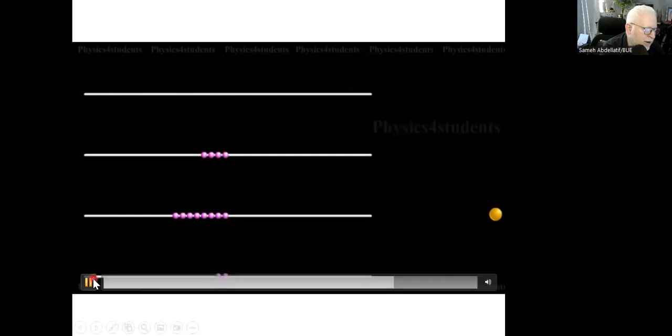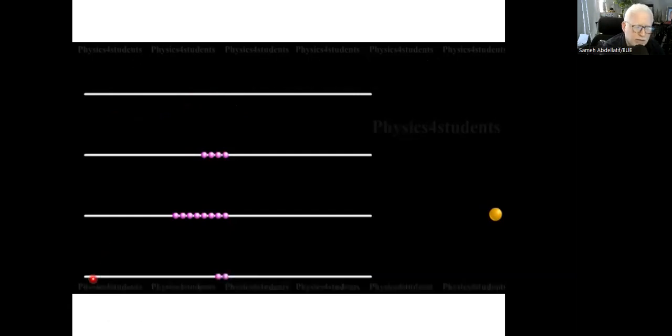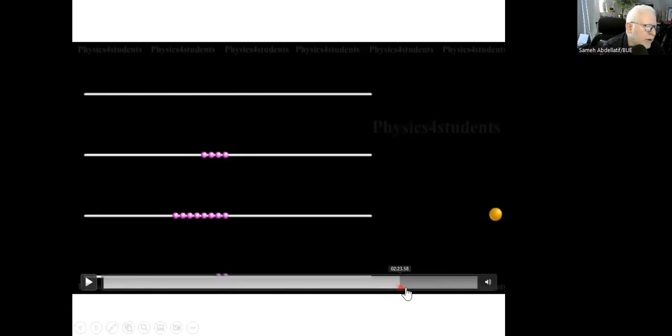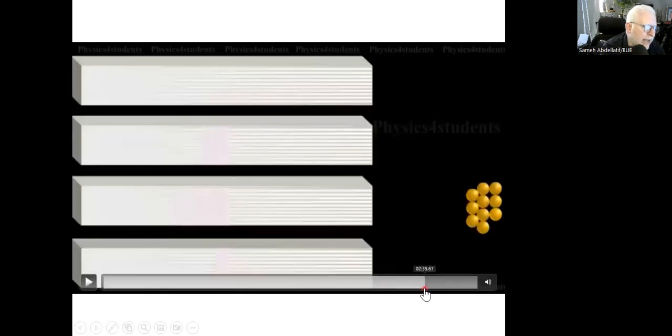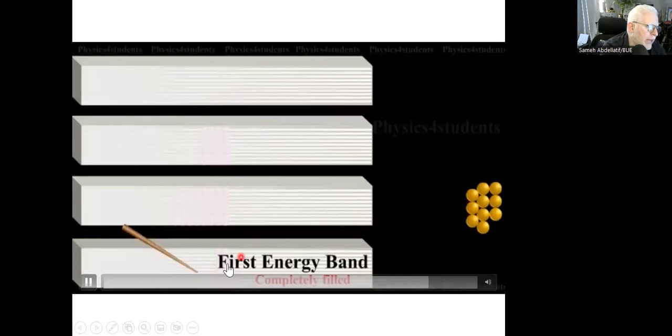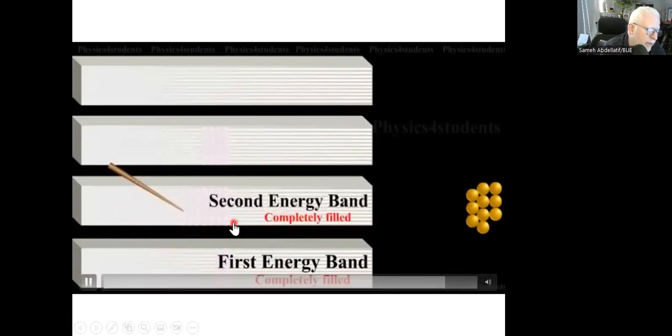In the same manner, using the same concept, we can apply it to the bands here, as you can see. The first band is a fully filled band. It's a core band. The same applies to the second band, which is still a completely filled band.